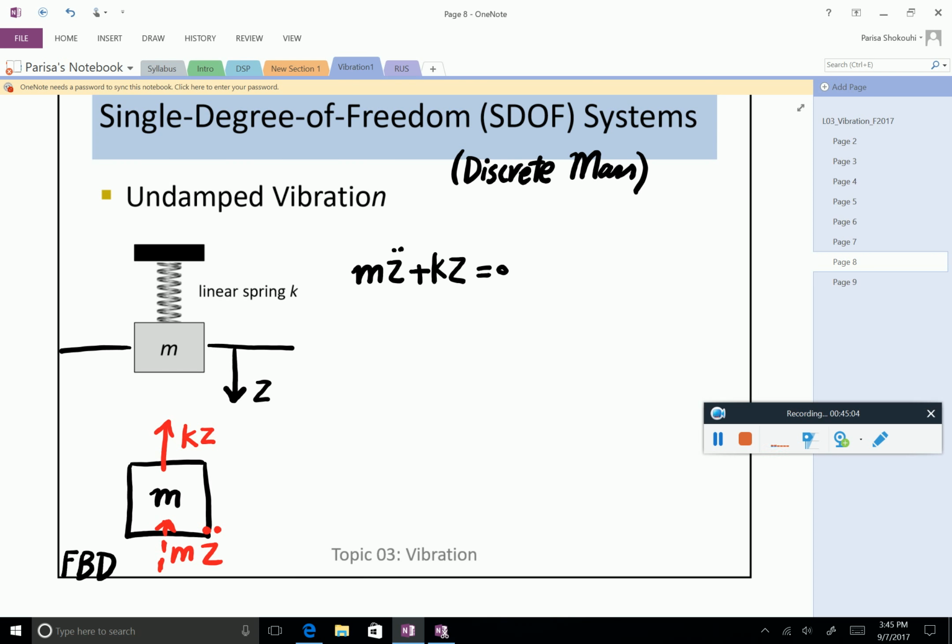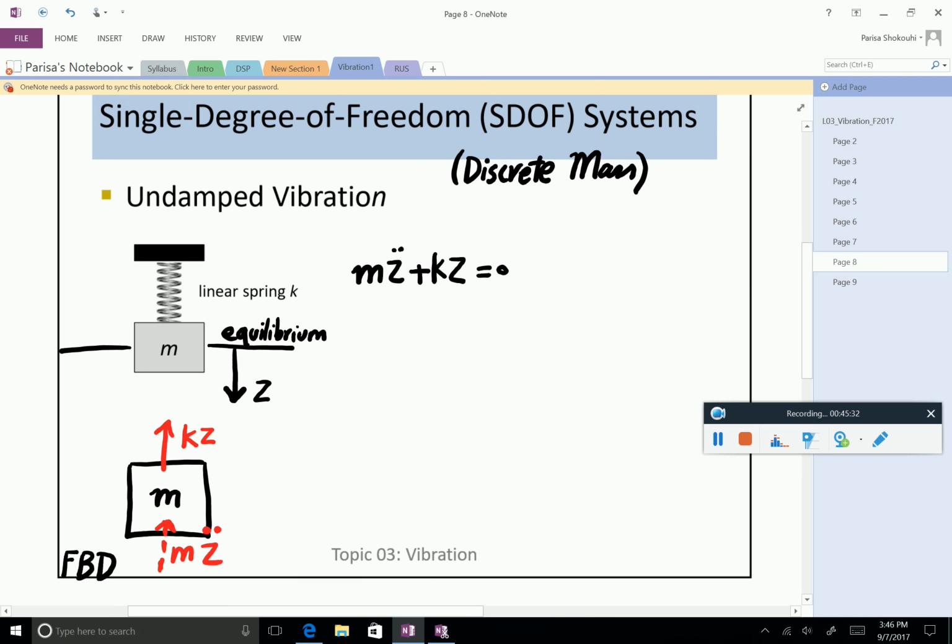Yeah, that's a very good question. It's vertical, so why is there no gravity? Let's say this is hanging here, but it's already in equilibrium. That's why I said this is the equilibrium. That's a good point.